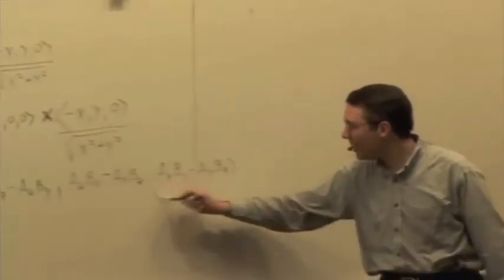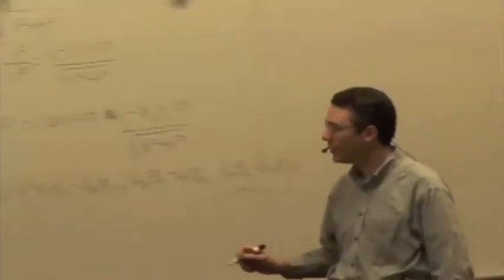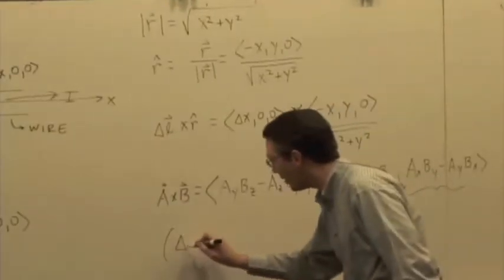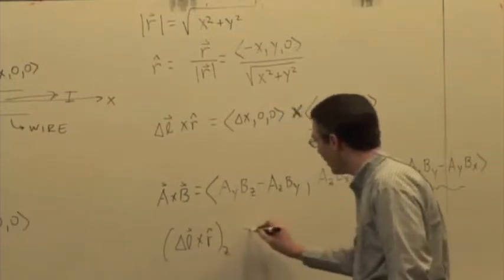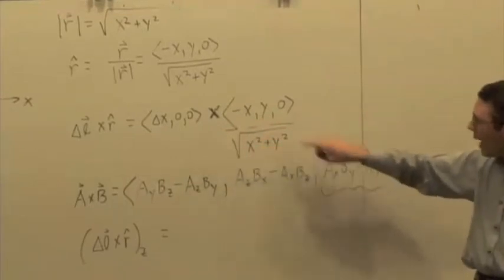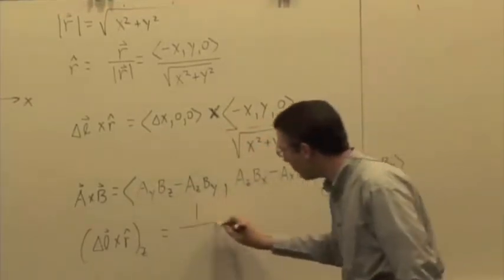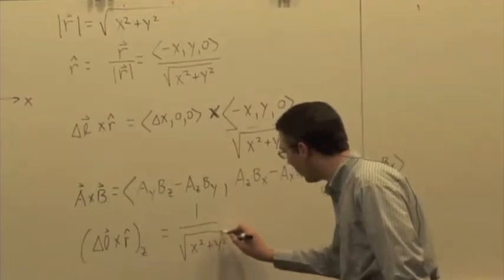All we care about is the z component because we know x and y are going to be 0. So the z component of this cross product, and I'll write it as delta L cross r hat z component. Well, let me bring this 1 over the magnitude out. It's just a factor that multiplies the whole thing. Okay, so that's still here.